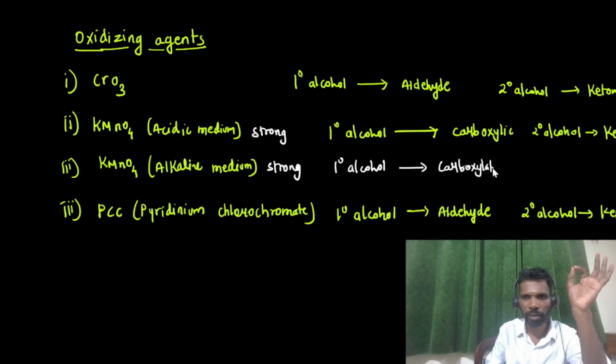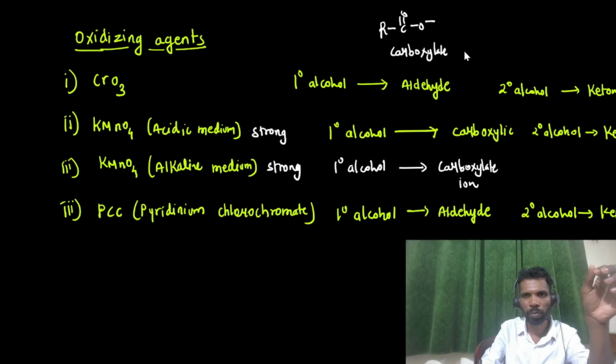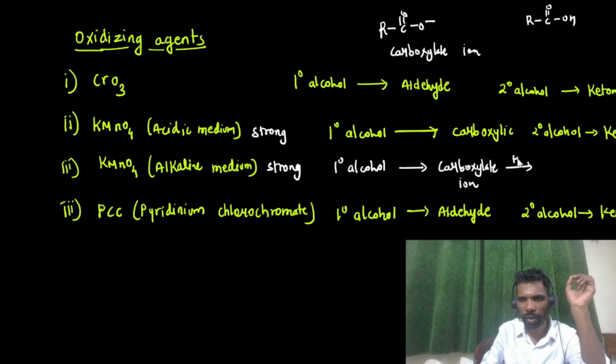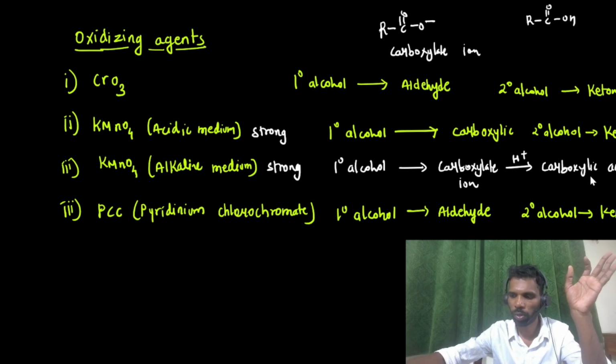What is the meaning of carboxylate ion? I'll just show you. This is your carboxylic acid, with OH. The carboxylate ion is this, and this is your carboxylic acid. Further, this carboxylate ion, on addition of acid, will get converted to a carboxylic acid. In the same way, secondary alcohol goes to ketone. Finally, this is also converting a primary alcohol to carboxylic acid.